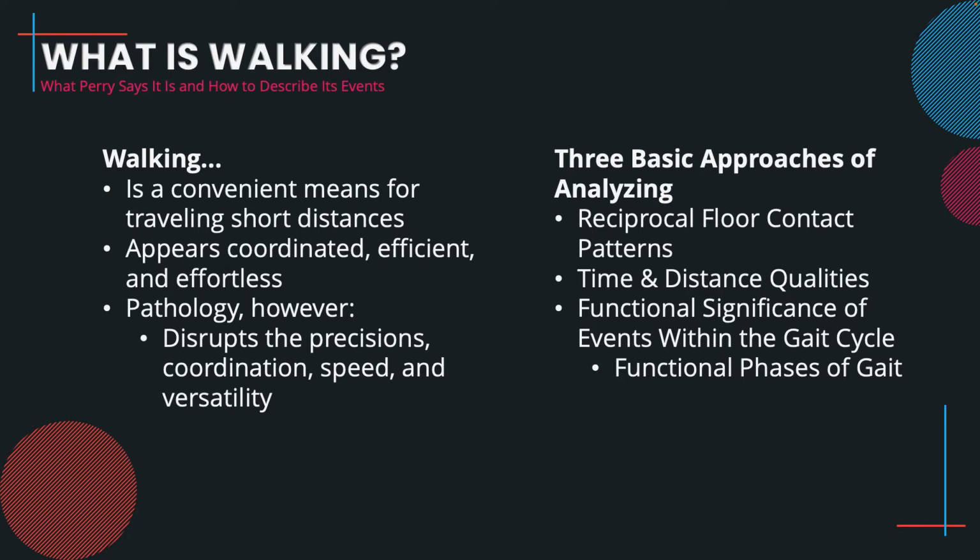So just some umbrella terms when it comes to being able to analyze gait. So we have reciprocal floor contact, and so one limb is in the support phase while the other limb is advancing to its new support site, and then they switch roles. And a single sequence of this is called a gait cycle. We can also look at the time and distance qualities. So your temporal and spatial measures, things like your step length, step width, cadence, all of those sorts of things when we are describing gait.